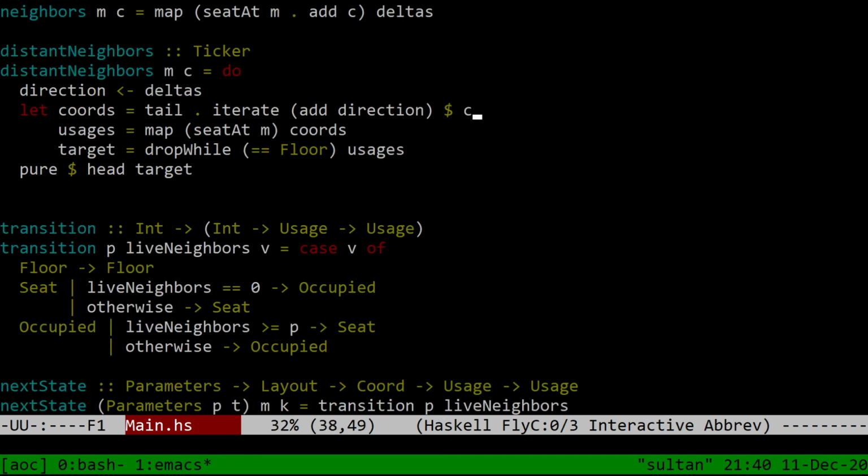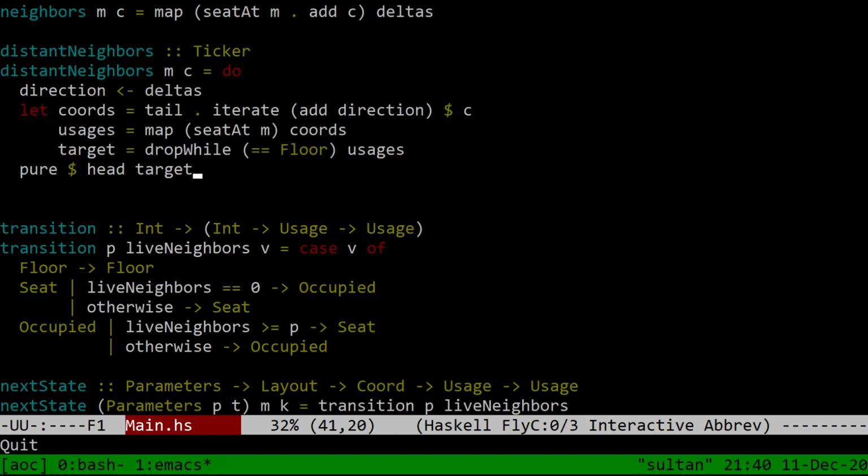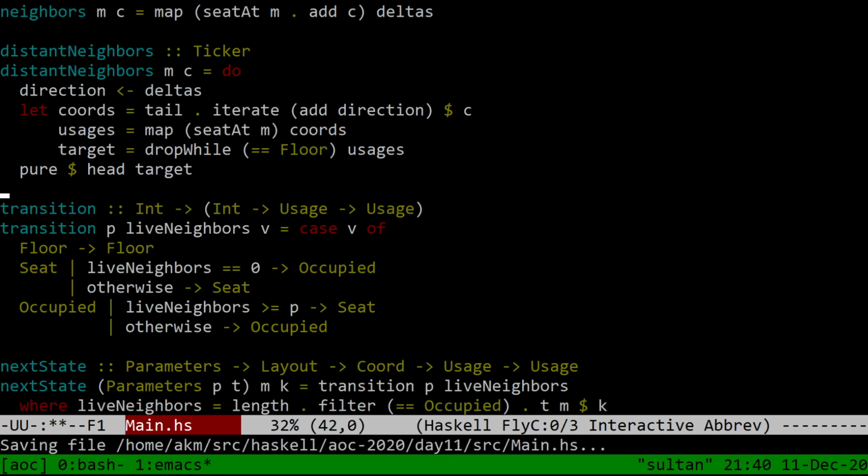Now, this entire thing is very clearly just a map of some relatively complicated function, because we just have a single bind and then we end with pure, and that's obviously just map. But I find it a lot easier to think about written in this way, and I don't think it would be an improvement to make it shorter.